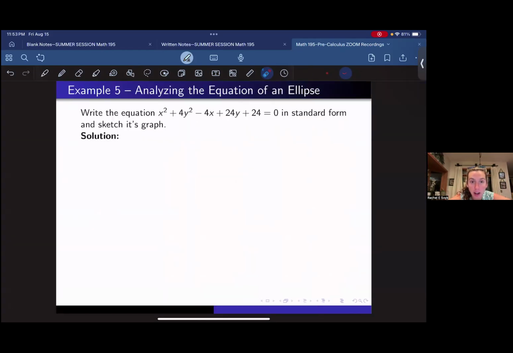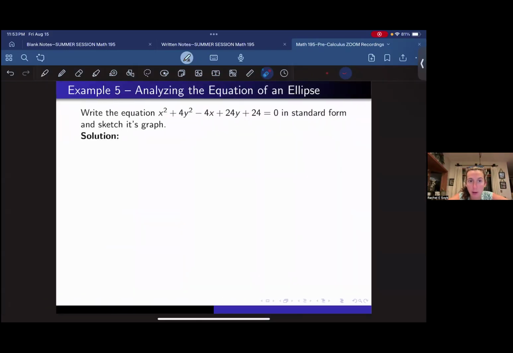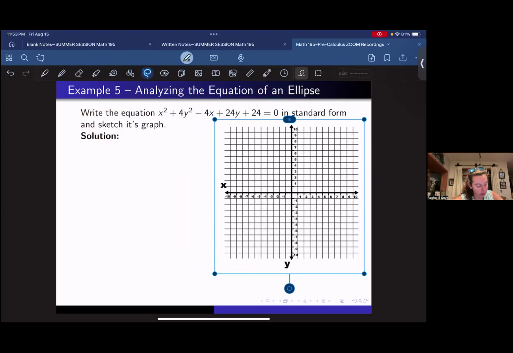Right, example 5, which I believe is the last example, yep, for our section 11.3. And so we are asked to write this equation in standard form, and then we are also asked to sketch its graph. So I'm going to put in the graph there as like a place marker for space.